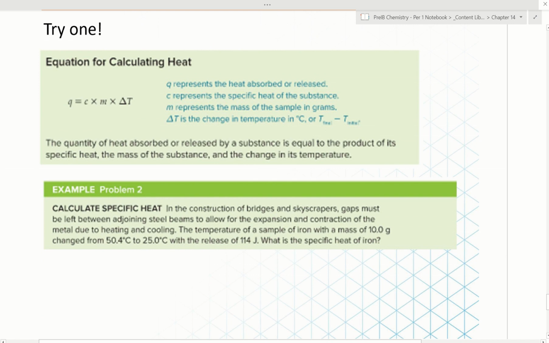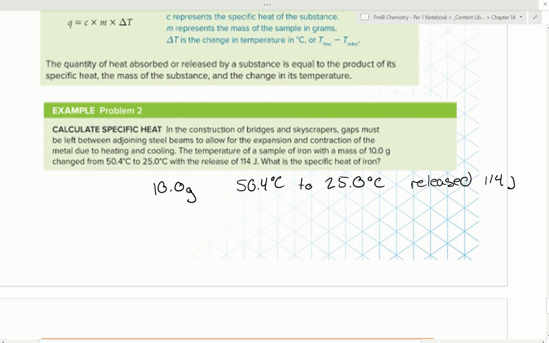The temperature of a sample of iron with a mass of 10.0 grams changed from 50.4 degrees Celsius to 25.0 degrees Celsius. It released 114 joules. What's the specific heat of the iron?